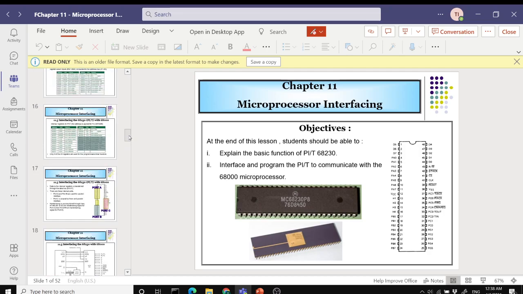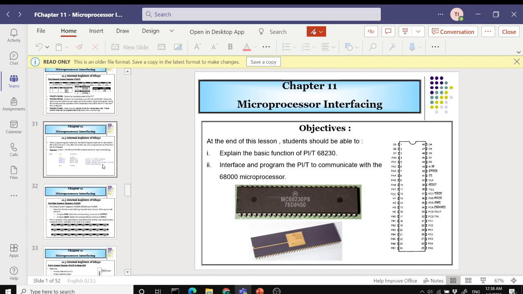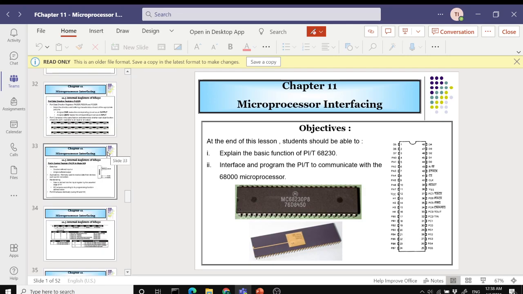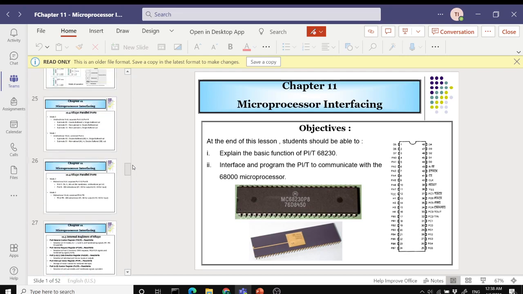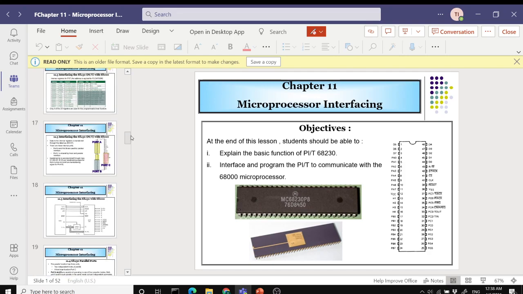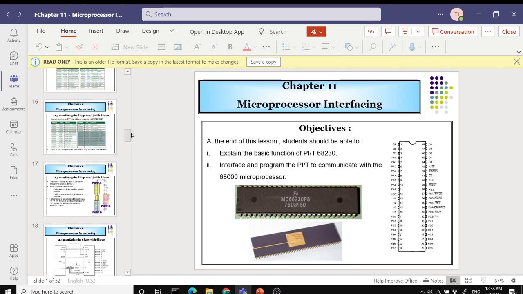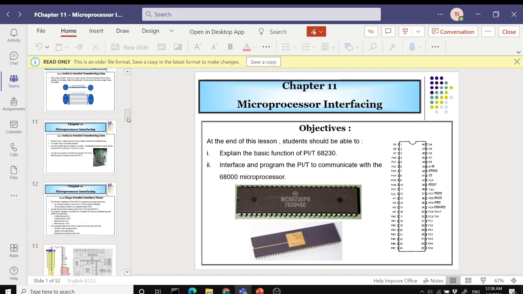Because some of the content in this chapter is quite overwhelming, and you will not be using it in your PBL, and it will not be coming up in your final exam. So I'll be covering only the necessary part of parallel interface and timer. If you want to study by yourself, you can always look at the chapter 11 slides and go through them by yourself.